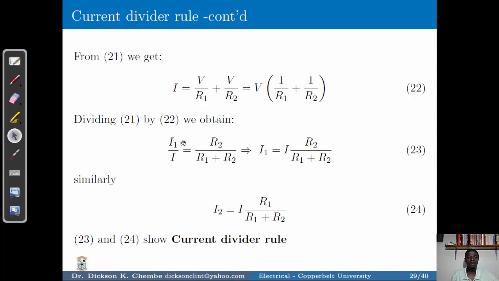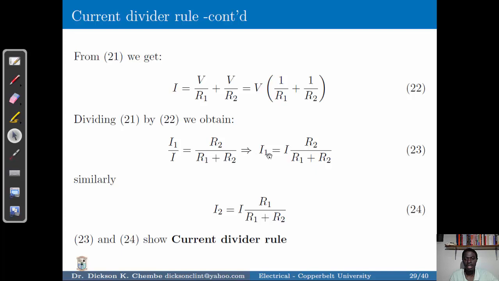And if we divide I1 by the total current, then we're able to determine the value of I1 by what we call the current division principle. So we divide I1 by the total current, and we determine that the numerator is R2 and the denominator is R1 plus R2, which is basically a ratio.